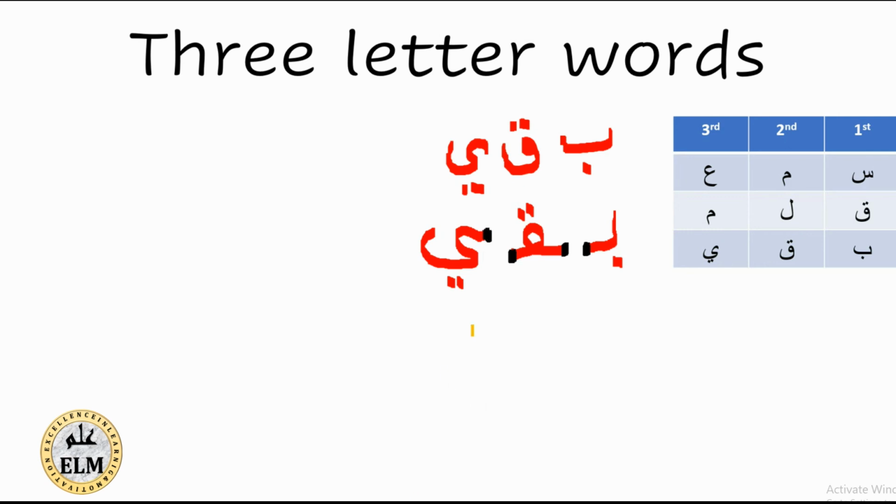What we need to do, we just need to bring these points together. Okay, just bring them together and cut these lines a bit short. We will have a word. Let's see, and we bring them in one line as well. Remember this. Okay, so ba, okay, and then qaf, and then ya from here.